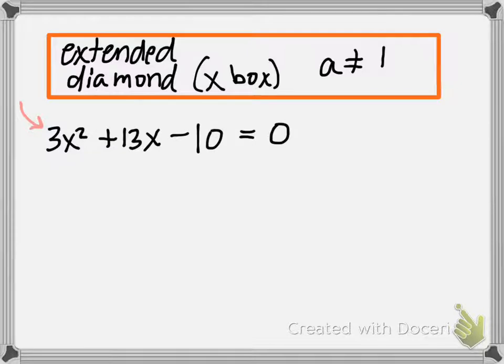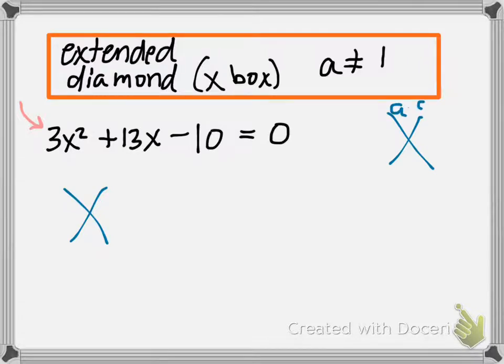This is when you're going to have to use the X box method. Let me change colors. This salmon color is just not doing it for me today. Okay, so we're going to do the X first, and let's put the generic form up here too.